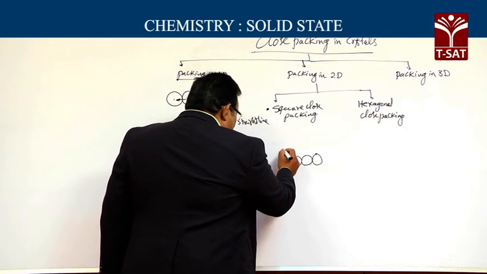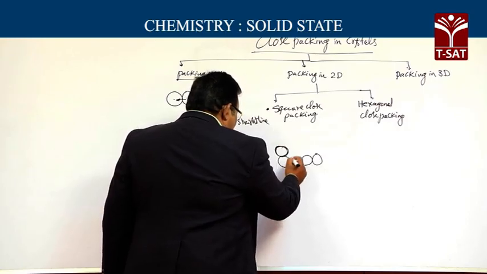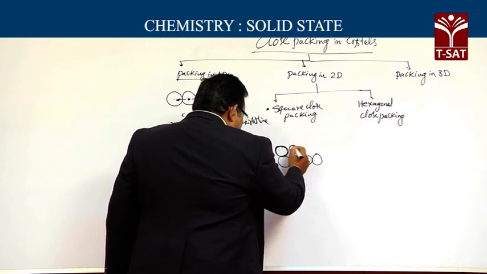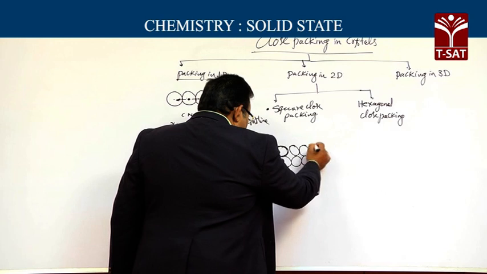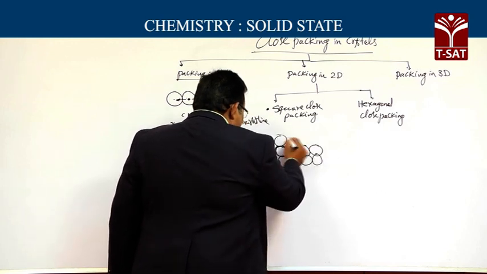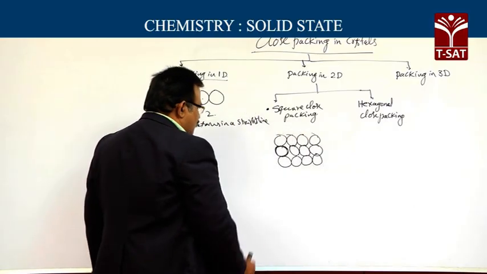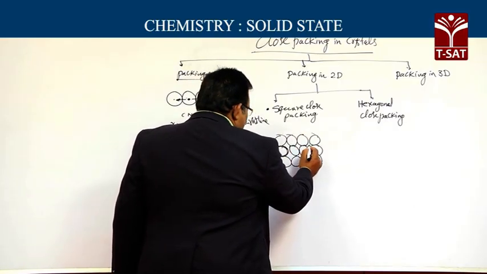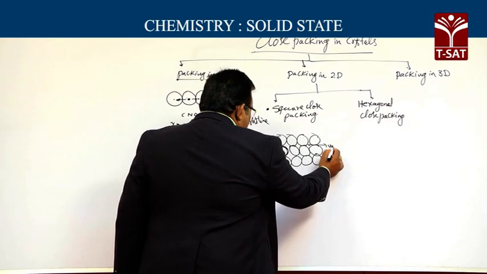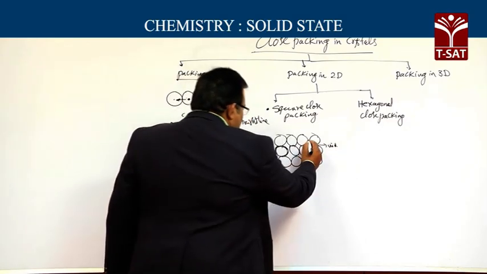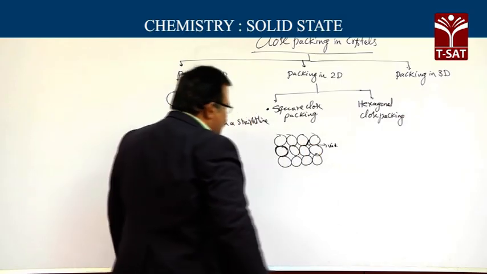On each sphere, if another sphere is vertically aligned like this, this space is called void space.